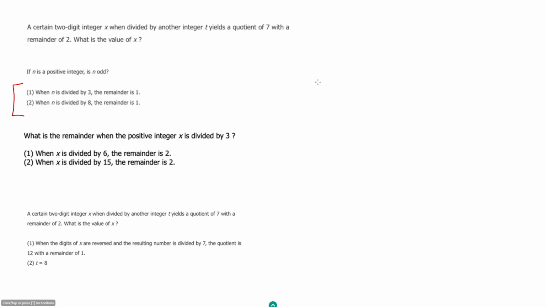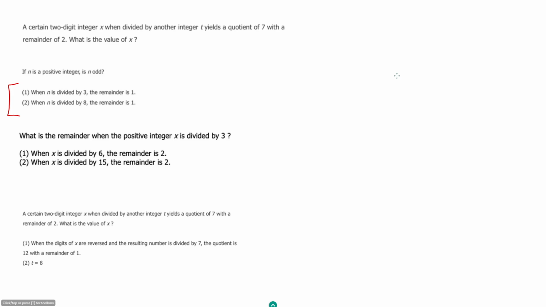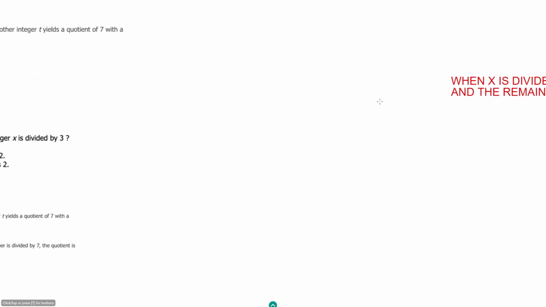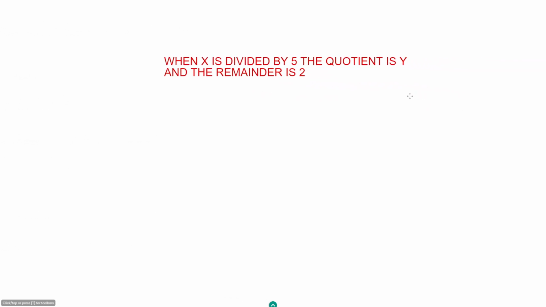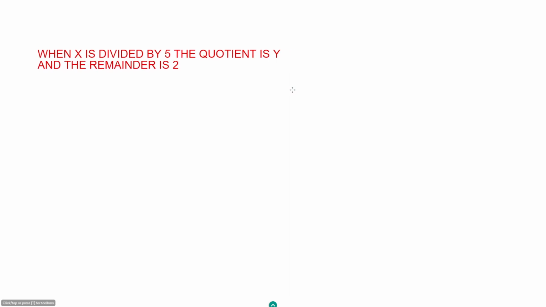And so let's talk about how we do that, because with remainders, it's a little bit trickier than just straight algebra. And so say I have this statement here that fits our pattern and says when x is divided by 5, the quotient is y and the remainder is 2.